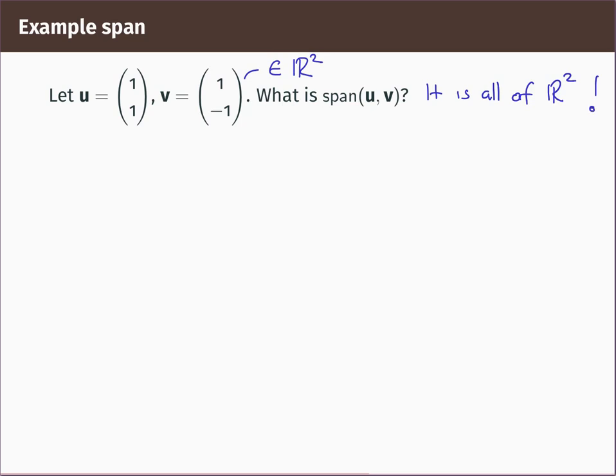So let's prove this. We need to show, if we believe this statement, that every element of R squared is equal to a linear combination of u, v. So let's take a typical element (x, y) in R squared.